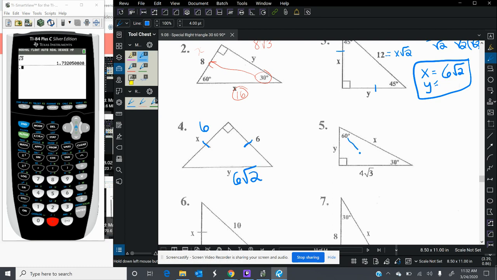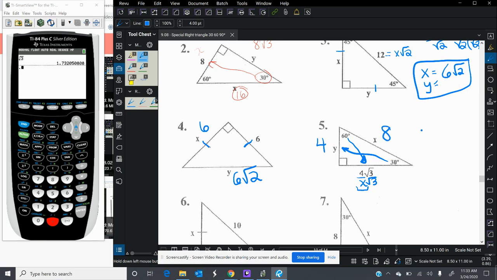Number 5, across from the 60-degree angle is 4 radical 3. Per our ratio, across from the 60-degree angle should always be x square roots of 3. So the x value will be 4, which is represented by the variable y here. So across from the 30-degree angle is that measure in front of the square root of 3, and the hypotenuse is twice the measure opposite 30.